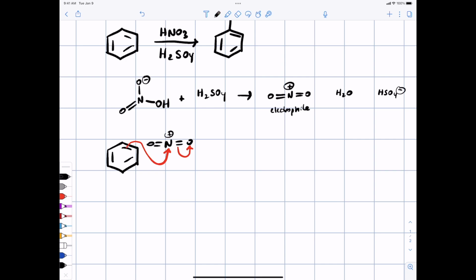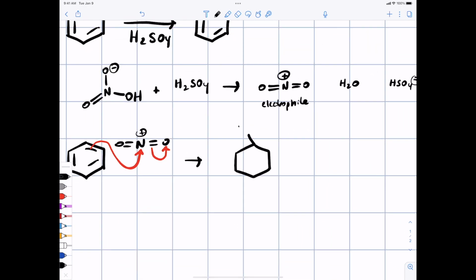So attack the nitrogen, break the nitrogen-oxygen bond, generate the following intermediate. Positive charge on the adjacent carbon.